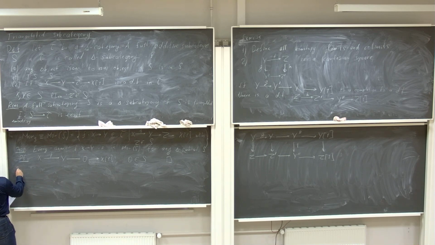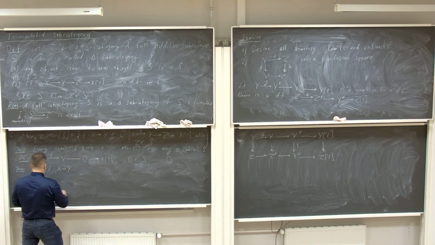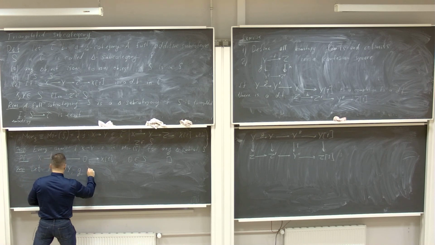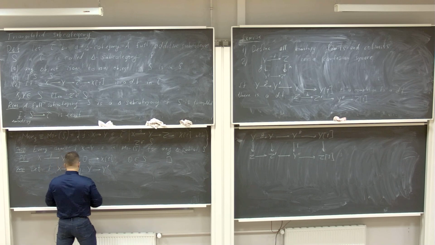Okay, next proposition, which is a little bit more interesting, but still quite easy to prove. Do I have time to do this? I still have 5 minutes. I think 5 minutes is enough to prove this statement. So let f be a map from X to Y, and g a map from Y to some Y double prime.